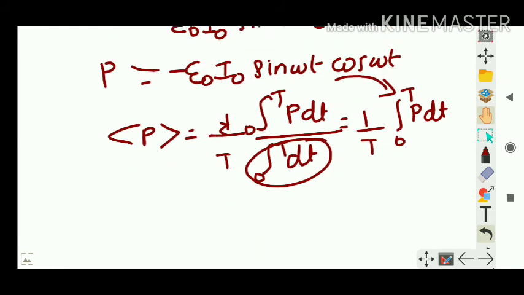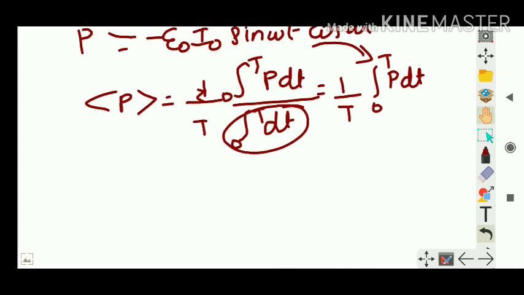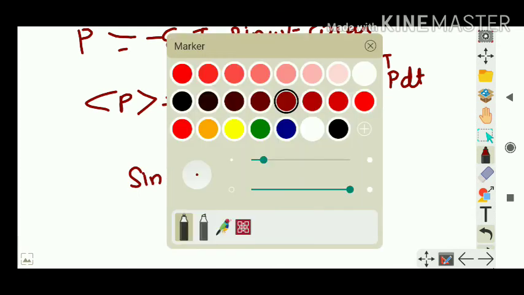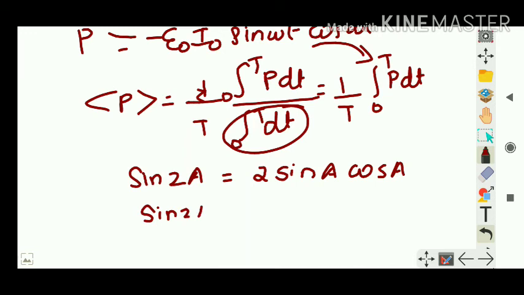Can I change this expression in any other way? Listen guys, something which you have learned in trigonometry: sine 2a is equal to 2 sine a cos a. Now I can write sine 2a by 2 is equal to sine a cos a.